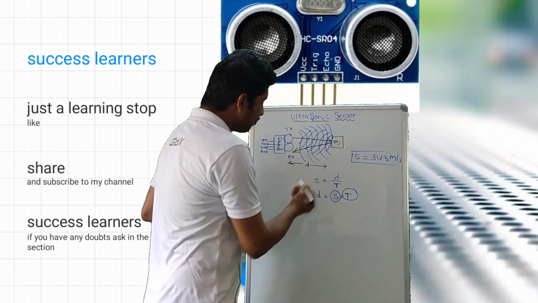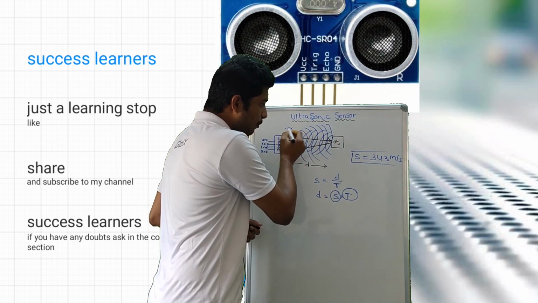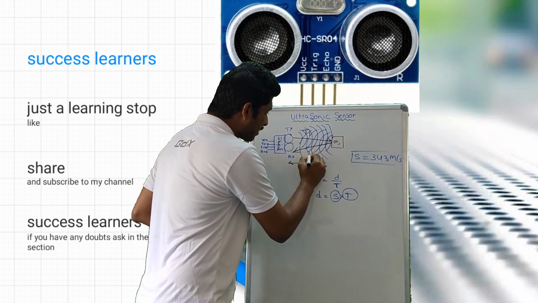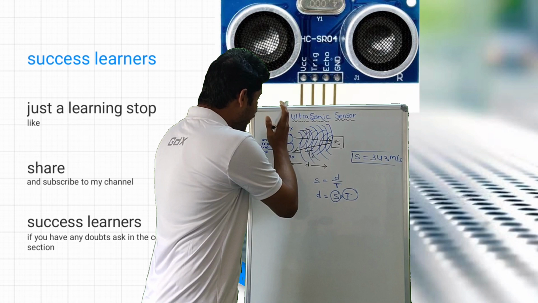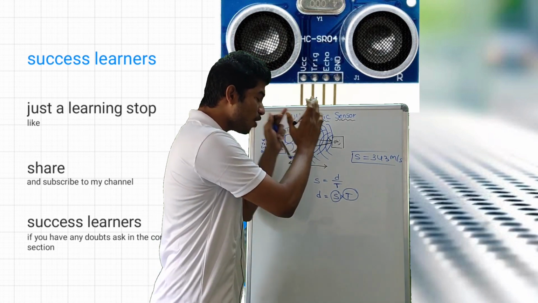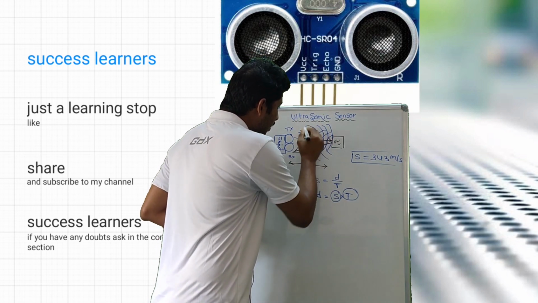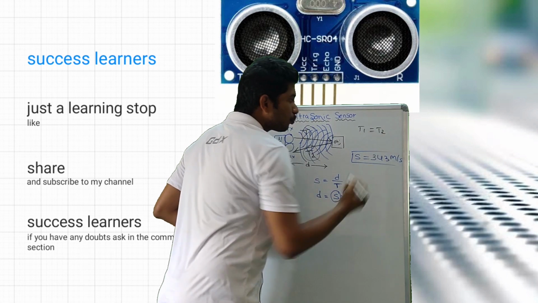The time taken to travel from the transmitter to the object, let us take it as t1, and the object to receiver as t2. In the stationary case, where the ultrasonic sensor is stationary and the object is stationary, the time t1 equals t2.